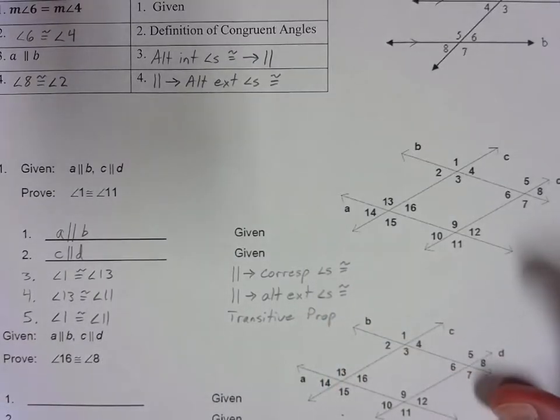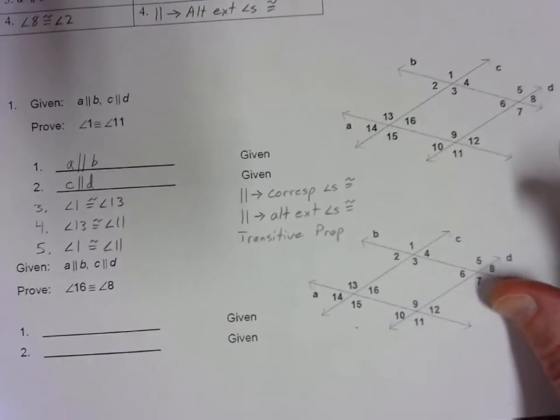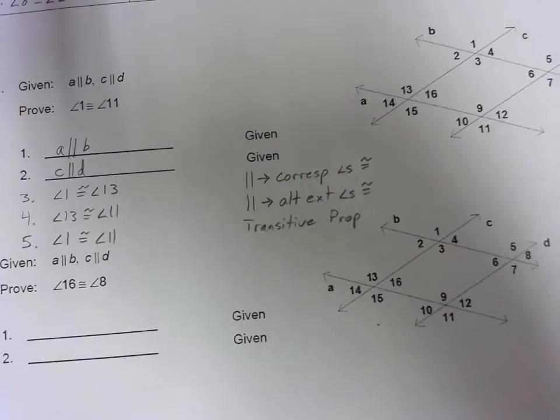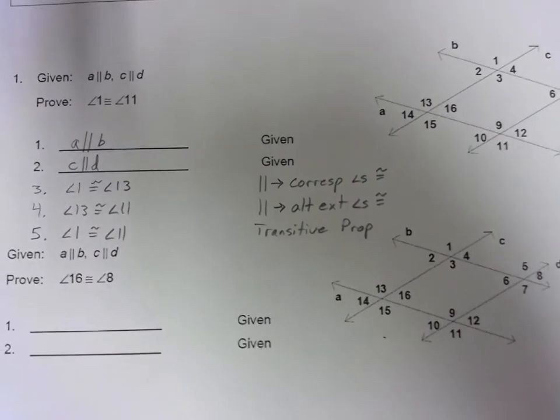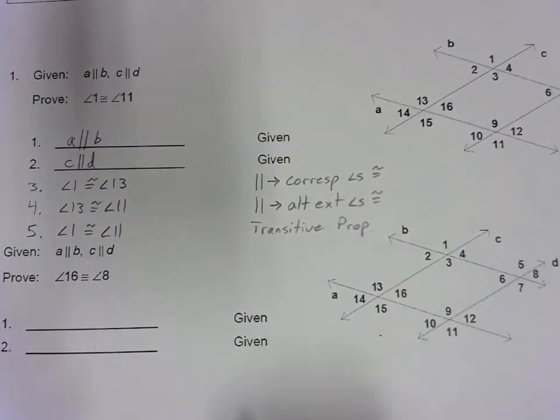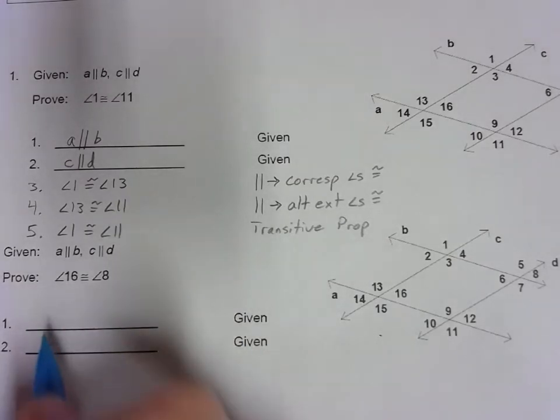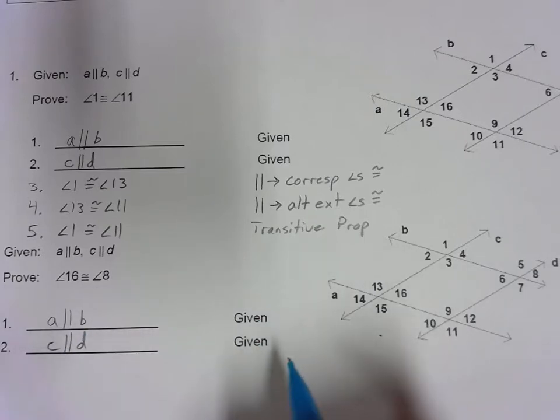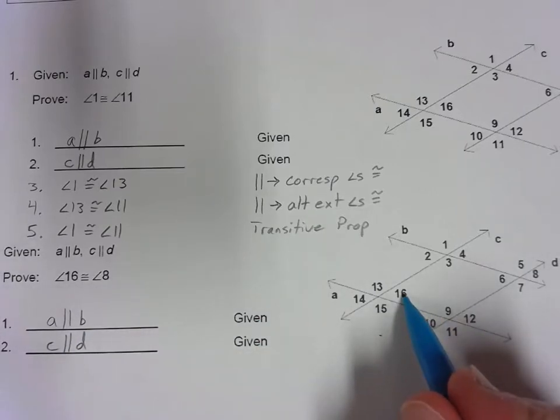So the last proof, let's see if I can get the camera straight. Okay, again I'm told that A is parallel to B and C is parallel to D. Those are both given. I want to show that 16 and 8 are congruent.